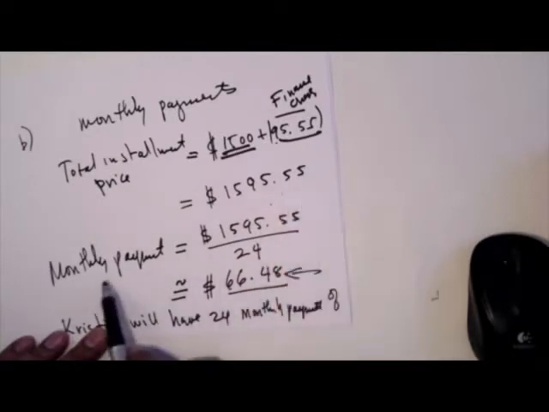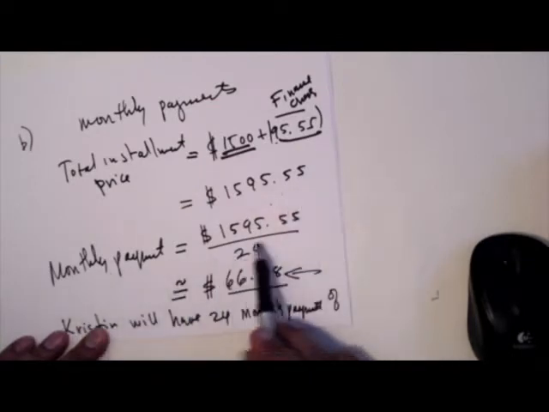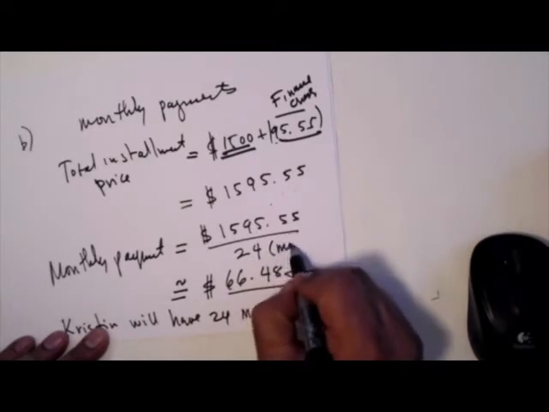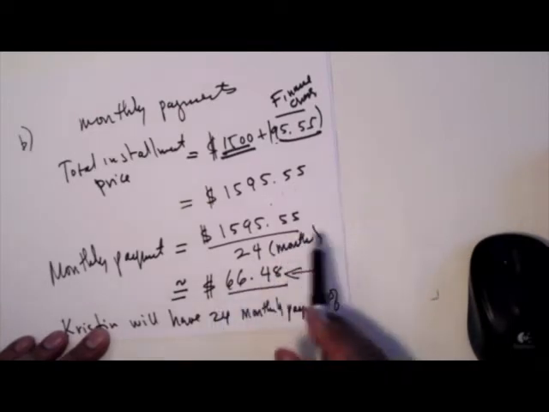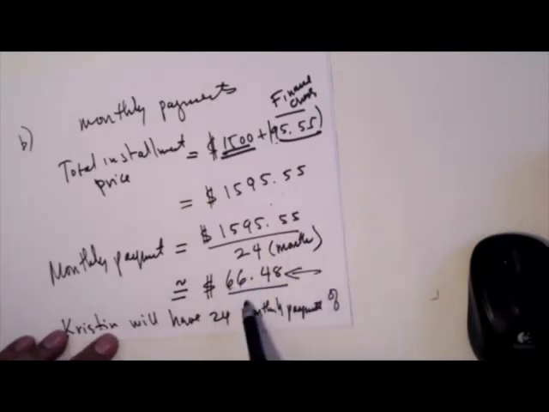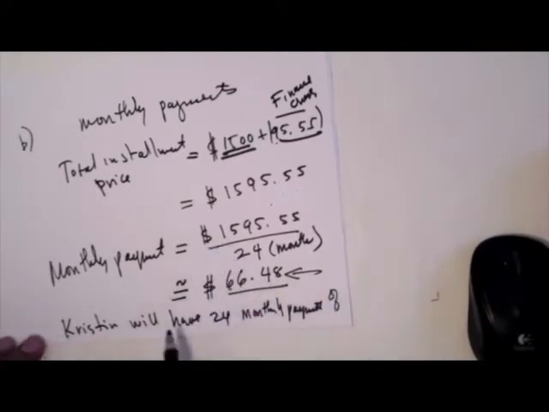Now you divide that by the number of months, right? These are months. So you get that the payment will be $66 each month, but Christine will be paying 24 monthly payments of $66.48.